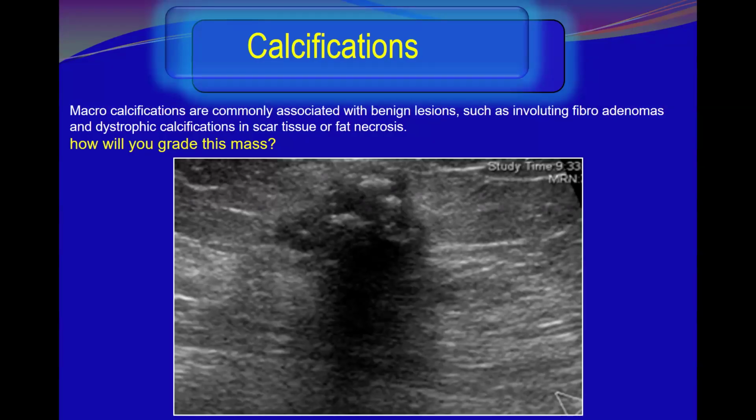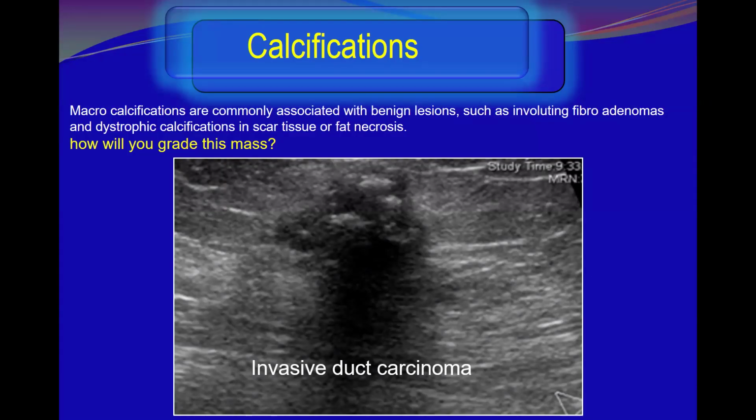So this mass definitely is going to be graded BI-RADS 4 or above, at least 4C. This is my patient, and it was proven to be invasive ductal carcinoma.